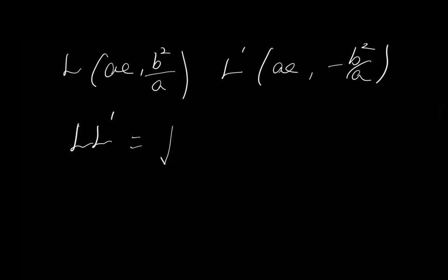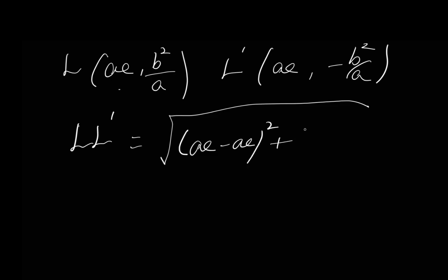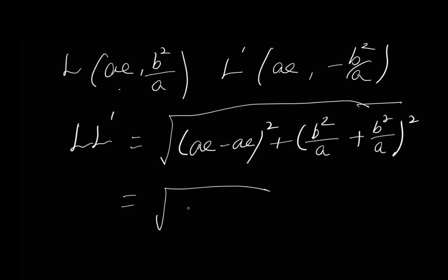So L L dash is equal to square root of x2 minus x1, that is ae minus ae the whole square, plus y2 minus y1, b square by a minus, here minus, plus b square by a the whole square. So this is 0, square root of 2 times b square by a the whole square. So square root and square will get cancelled.